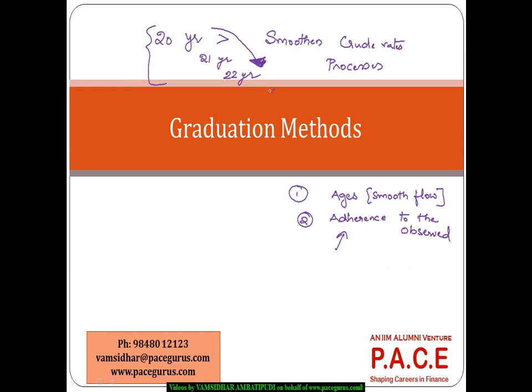So that is where we are using the smoothening mechanisms or the graduation tools and techniques to bring out that kind of smoothening across the crude mortality rates, while at the same time ensuring the adherence to the data. That is one of the main objectives of using graduation in our processes, majorly arriving at a compromise.